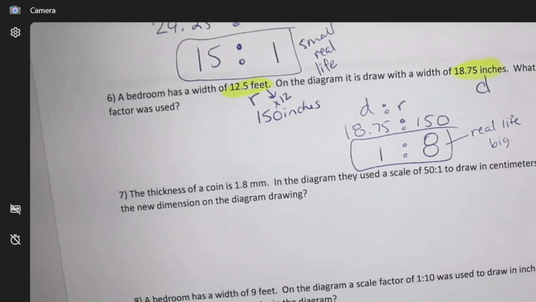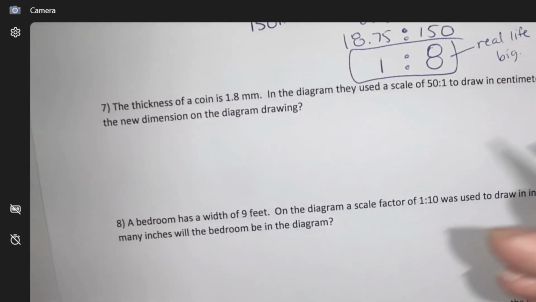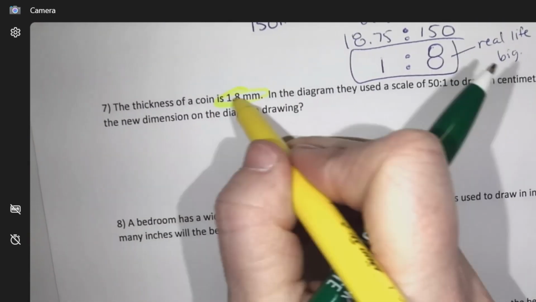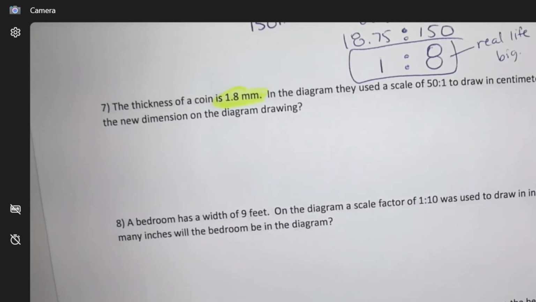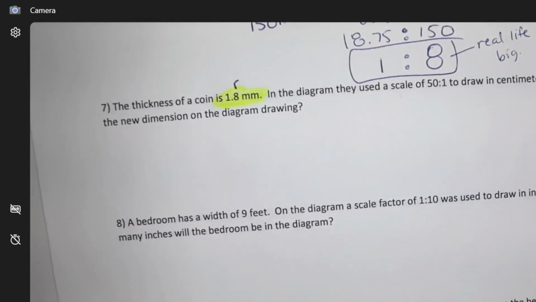Okay, number 7. The thickness of a coin is this. Can you get me if that's an R or a D? What is that? The thickness of a coin. That would be a R. In the diagram, they used a scale of 50 to 1.